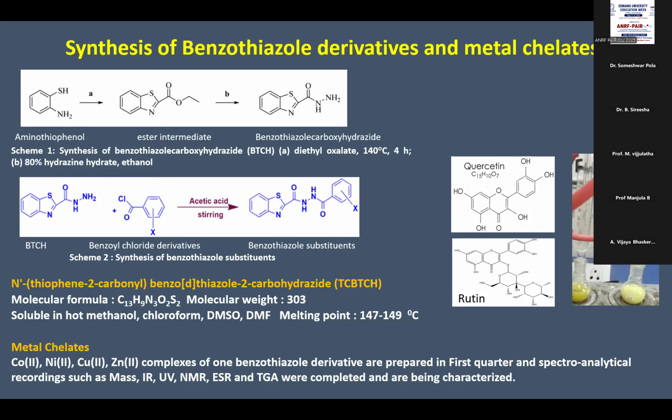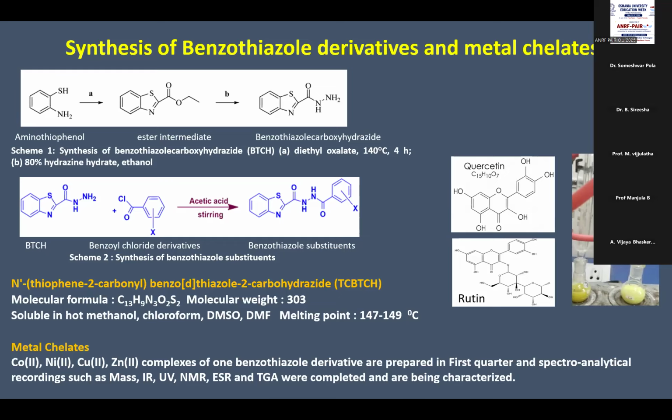All the spectral recordings have been made, and it is characterized by IR, UV, mass, and NMR spectroscopy. Apart from this synthesized compound, we have also purchased the phytoligands rutin and quercetin.